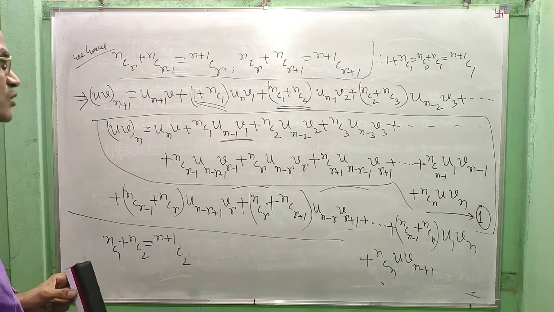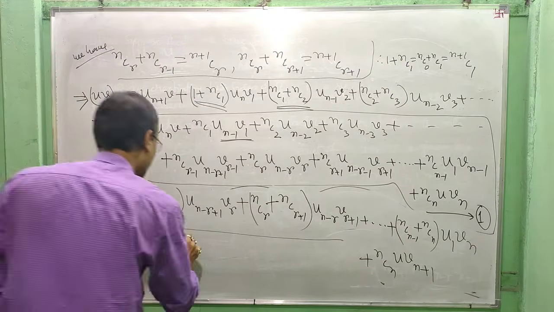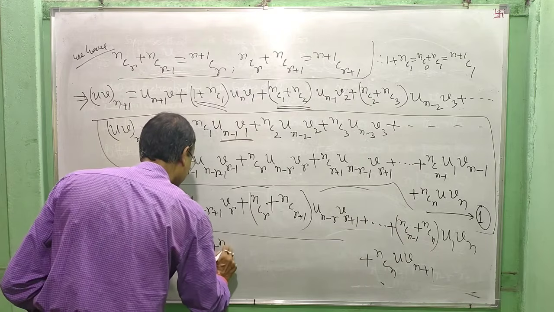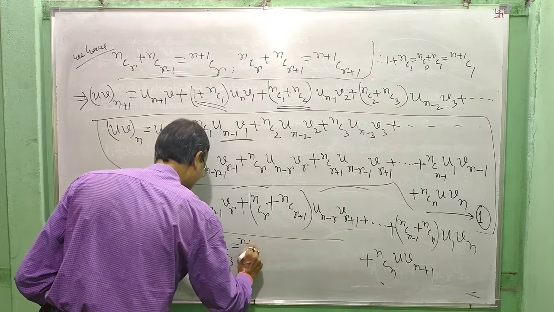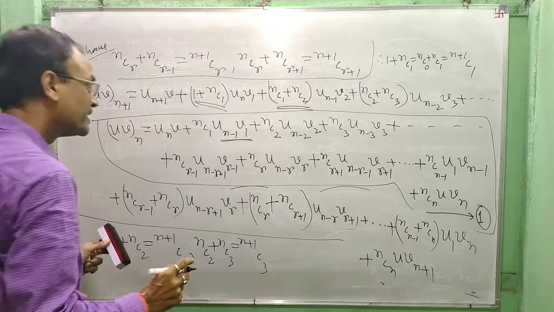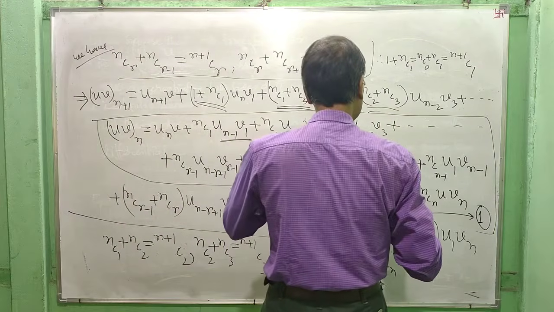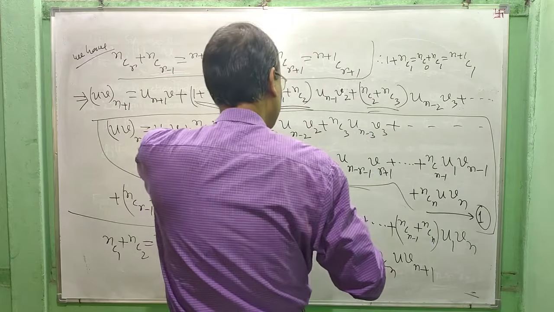Then NC2 plus NC3 is equal to N plus 1 C3. You will get this.